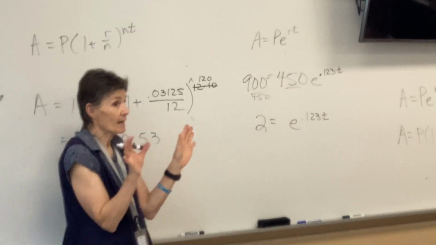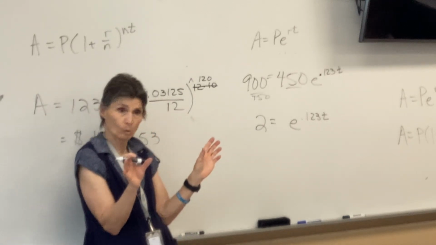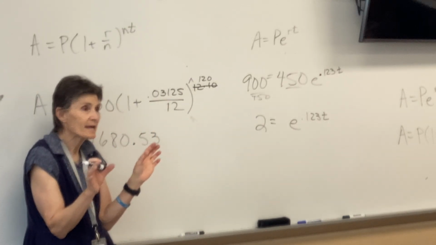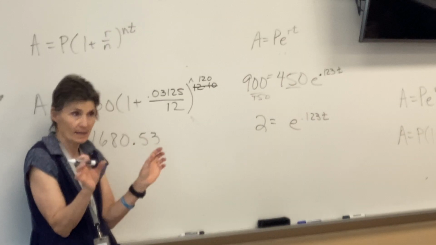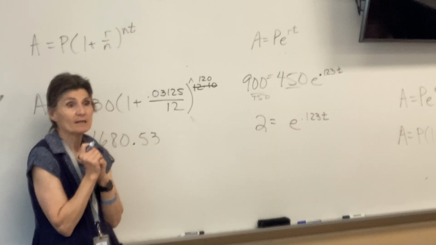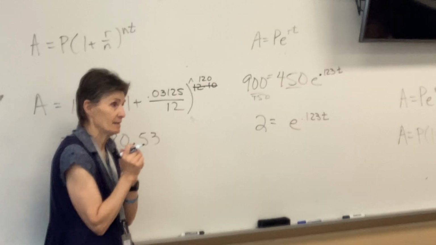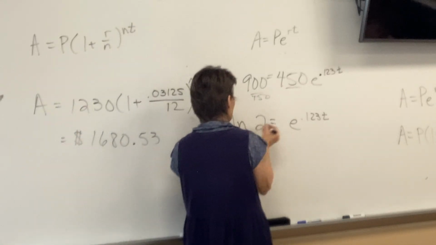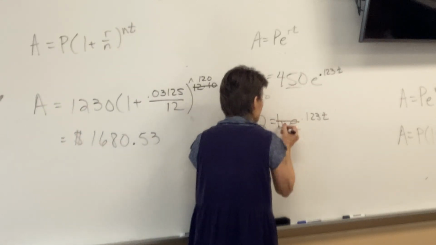Now, I can log both sides, that will work, but it won't be as handy as taking ln of both sides, because the problem has an e in it. And when I ln both sides, this cancels.